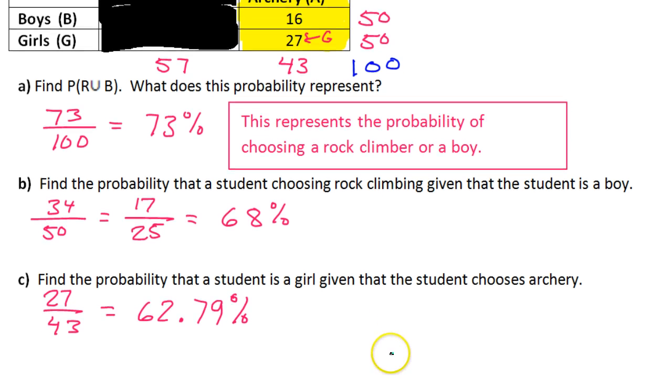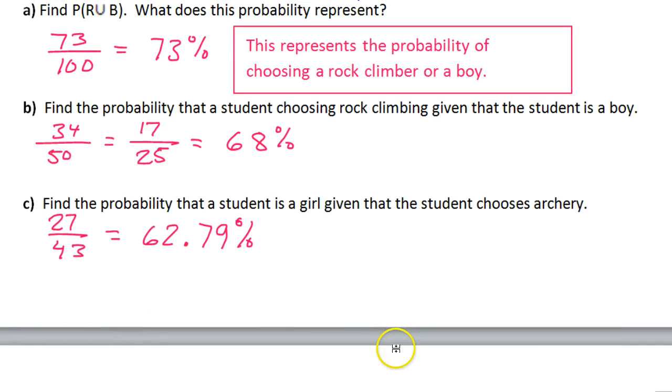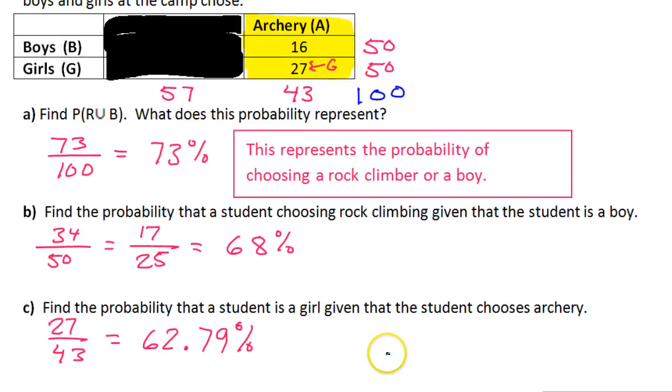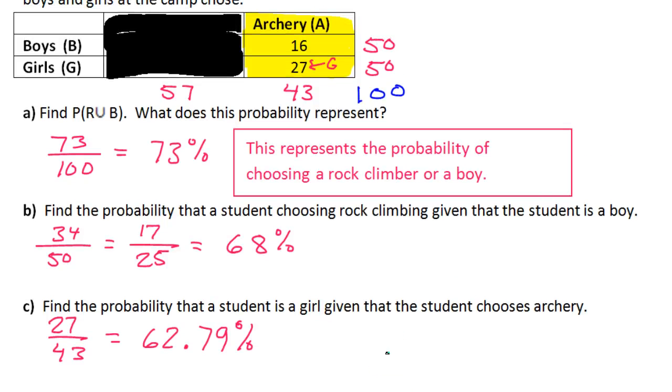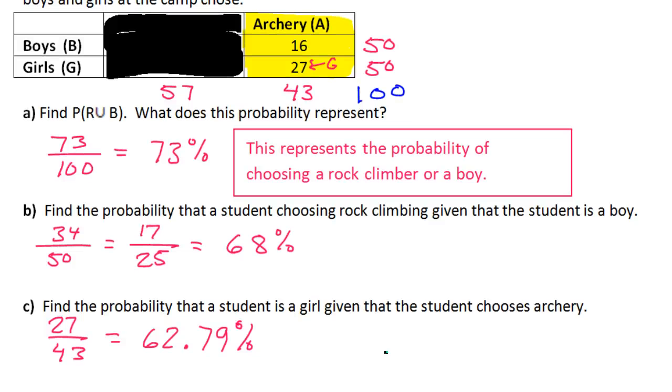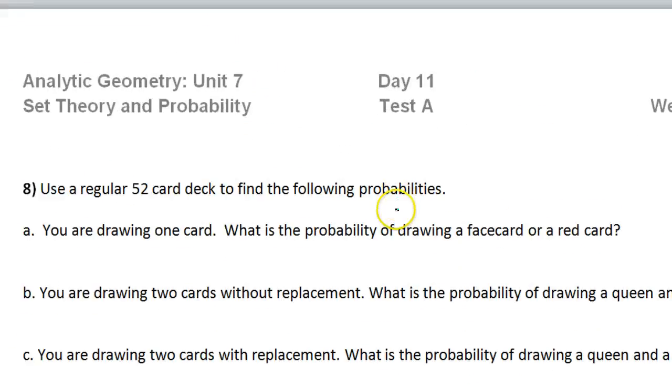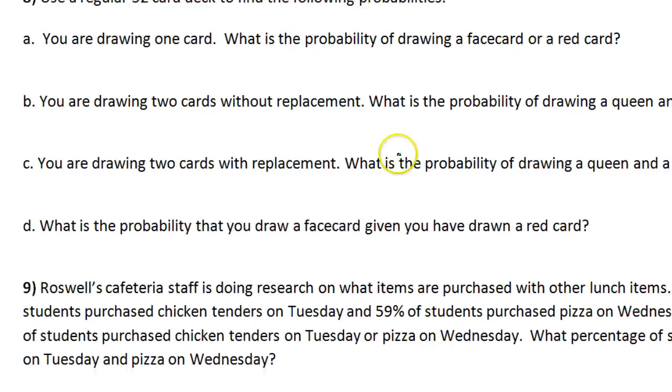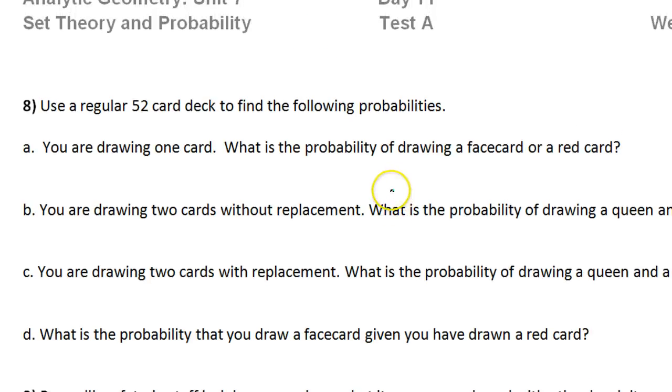Okay, there it is. And we've reached the end of another page. So I think I'm going to stop this video here and continue the next video, the third and final part, with these other word problems.